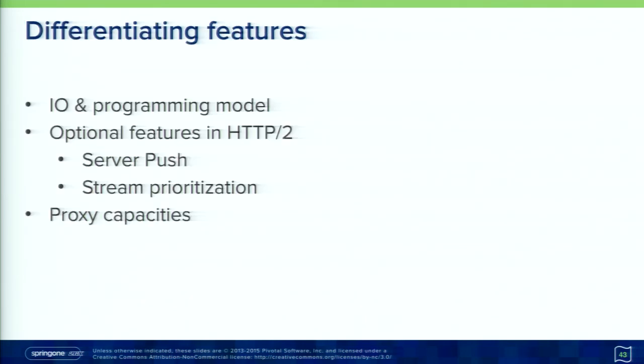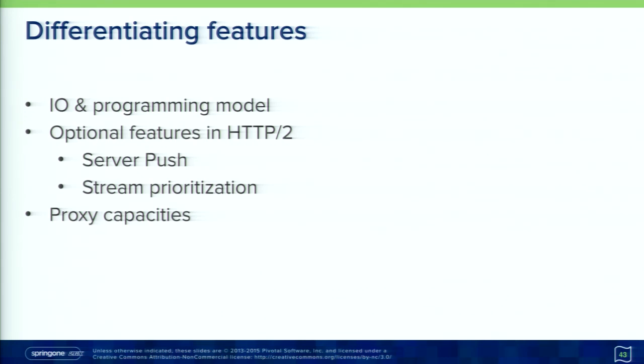So we've seen all those server implementations, and there are many things that can differ from one implementation to another, and that can really be good for competition. For a given server, you look at its I/O and programming model, if it's an event loop or threading, so this is one way of choosing it.